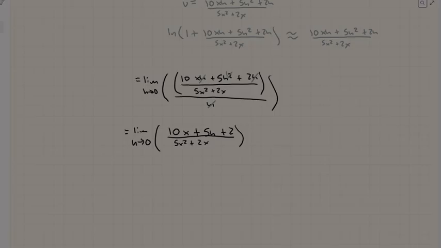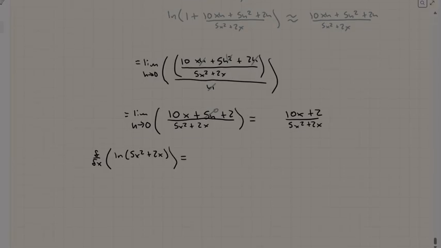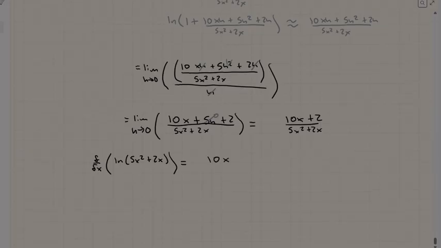We can evaluate h equals 0 now. There's only one term that still has an h, so that one will just go to 0. So this gives us 10x plus 2 over 5x squared plus 2x. In other words, we started with the derivative of ln of 5x squared plus 2x, and we get that it is 10x plus 2 over 5x squared plus 2x.